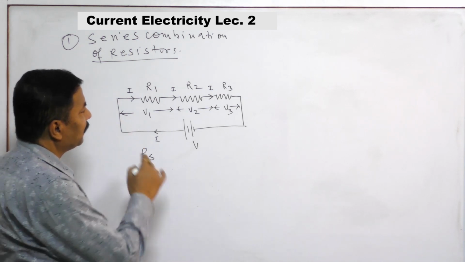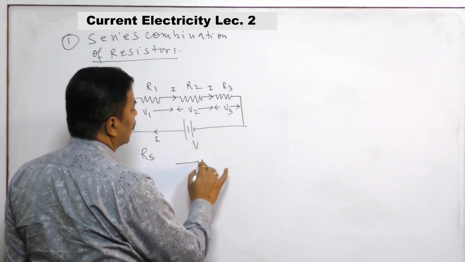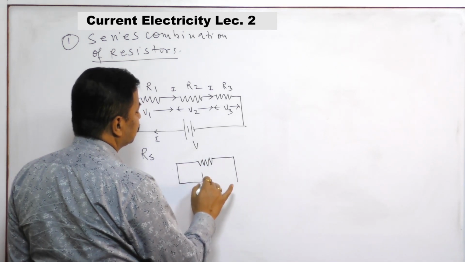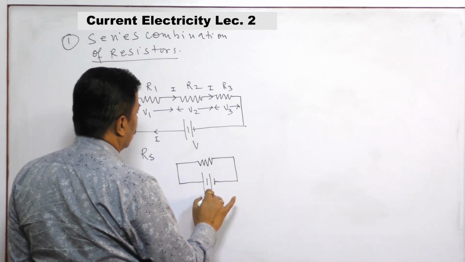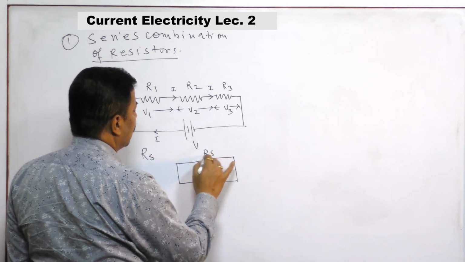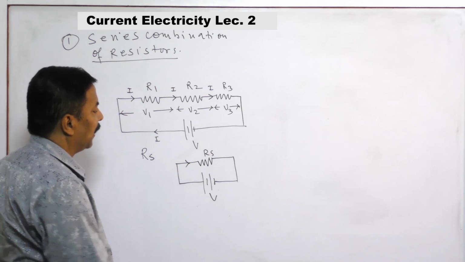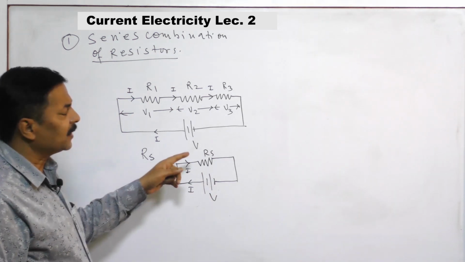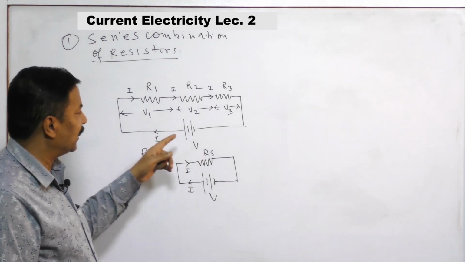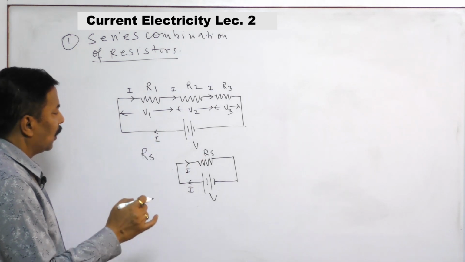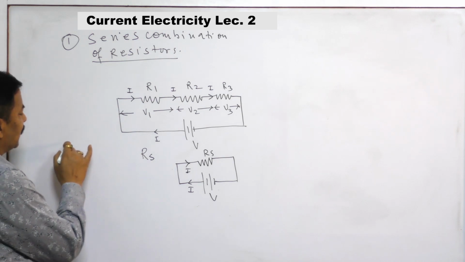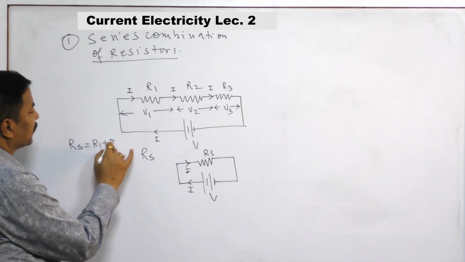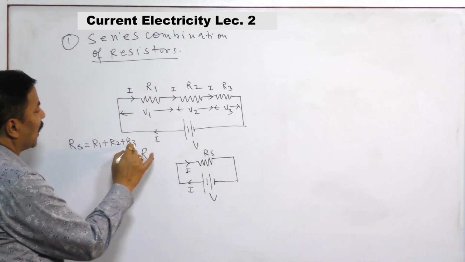That means if I replace all the 3 resistors by a single resistor RS, then the current I will remain the same through that resistor. In this situation we already know that the equivalent resistance RS is equal to R1 plus R2 plus R3.